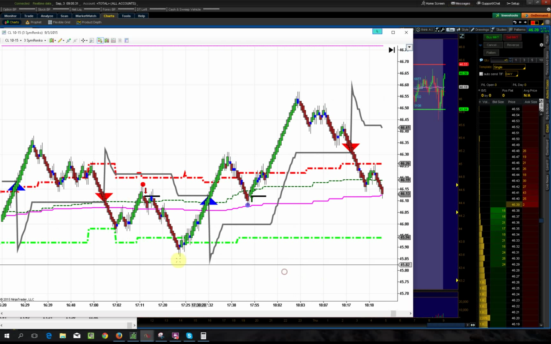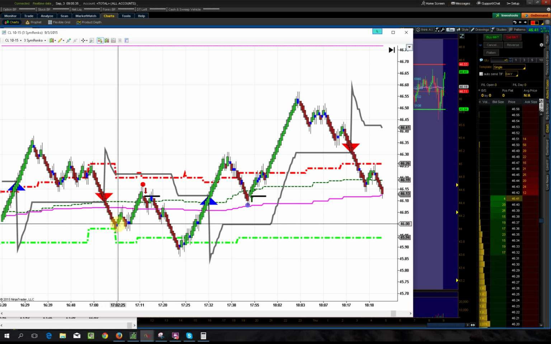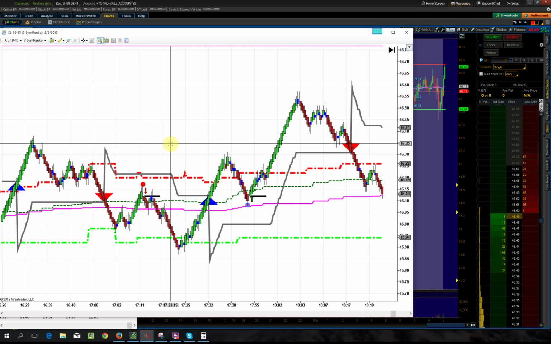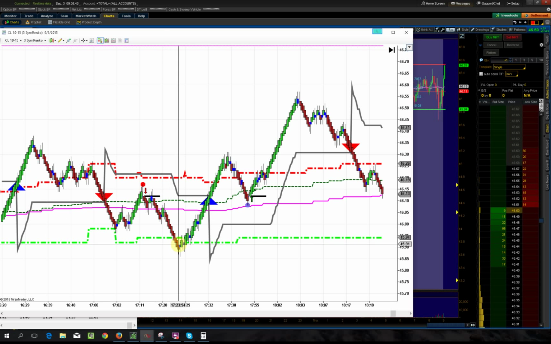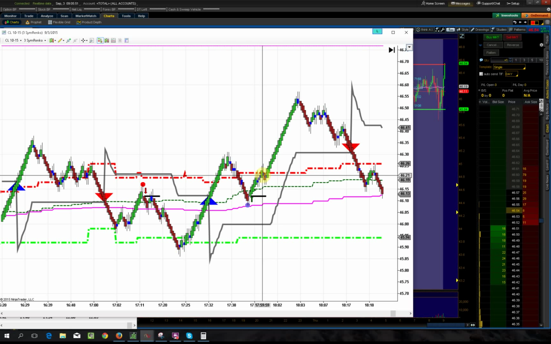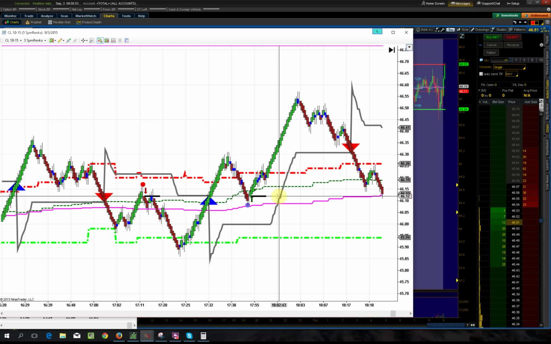The first time it breaks out, even if it reverses back in instead of continuing, you look for it to come inside, and buy. Then you sell at the highs, at the high value area. It broke out a little bit, came back inside, and if it tests here and looks like it's going to come down, you can sell up here. This time it didn't, it moved up against you.